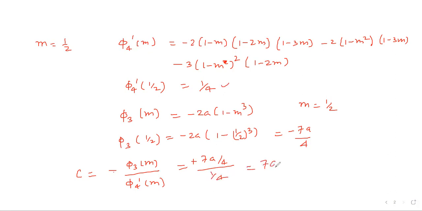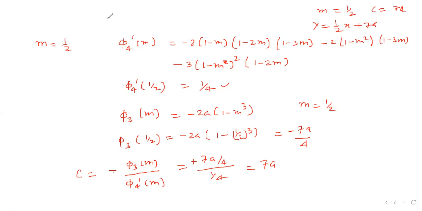So this will give 7a. So corresponding to m equal to half, we have got c equal to 7a. So asymptotes will be y equal to mx plus c, 1 by 2x plus 7a. Now, one more value of m is left, and that is 1 by 3. Corresponding to that also, we have to find out the asymptote.